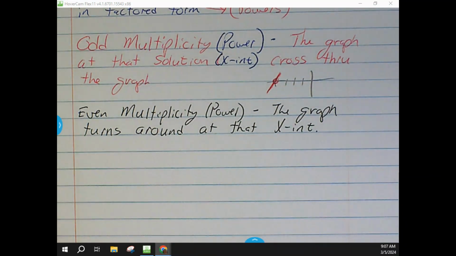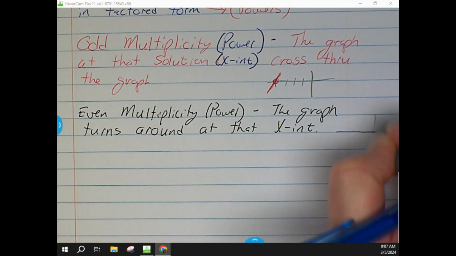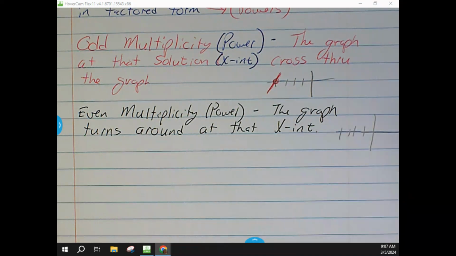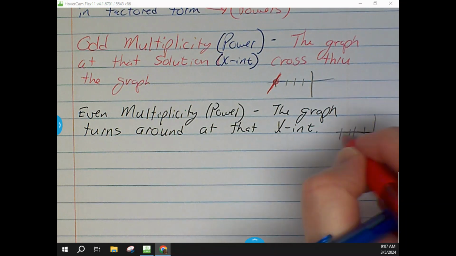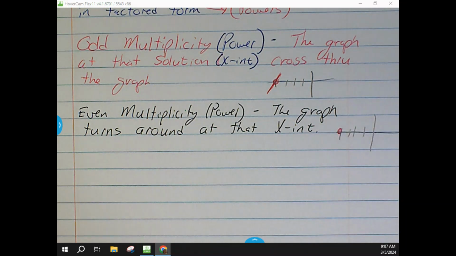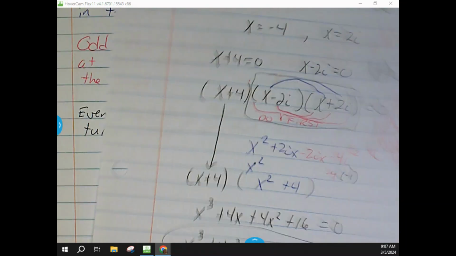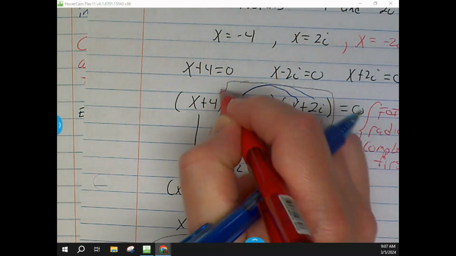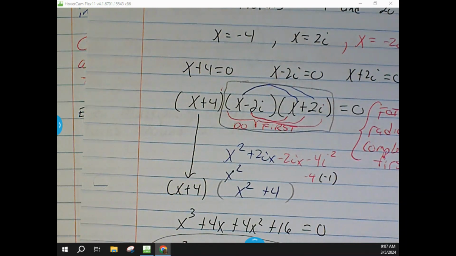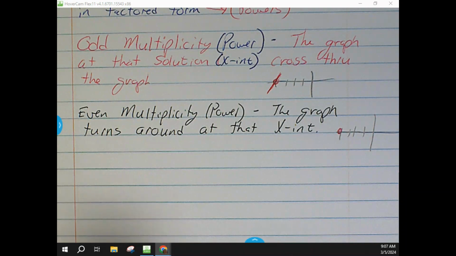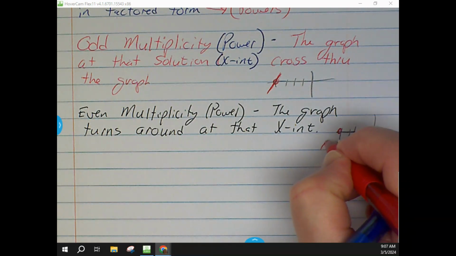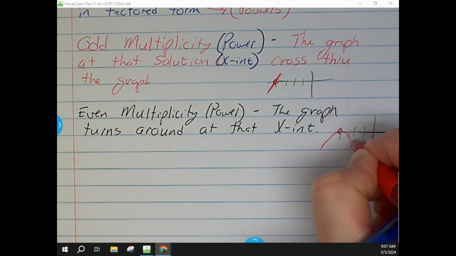So odd multiplicity, it crosses through the graph. Even multiplicity, it's going to turn around, which means if we were back here at -4, like if we were doing another problem, and we had graphed that one and this was x plus 4 squared, instead of just x plus 4, so if that solution had been there twice, then that graph is going to do something like that.